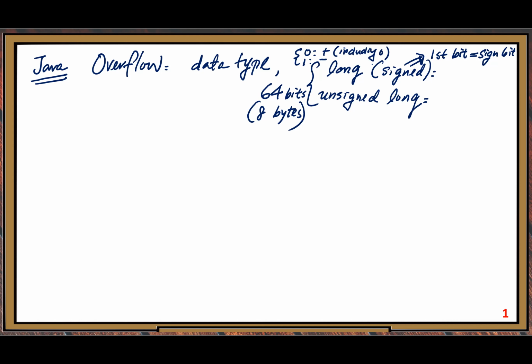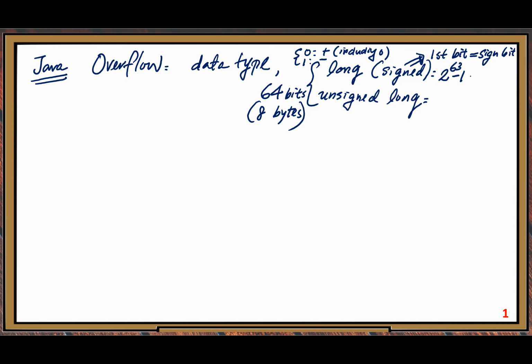Then the largest long integer you can represent is 2 to the 63 minus 1, because you can only use 63 bits. The first bit you cannot use, that's the sign bit, so you cannot use it to represent the number.